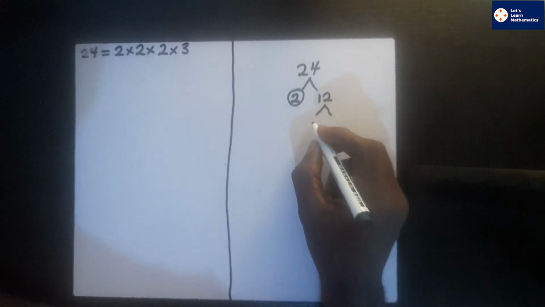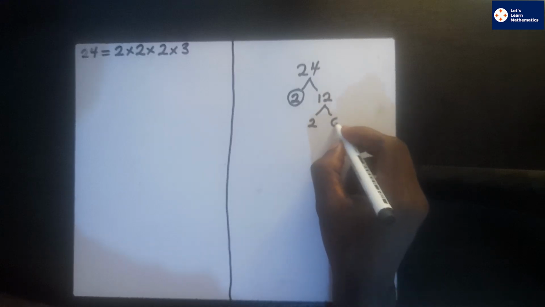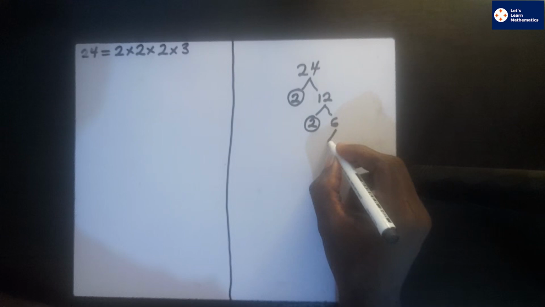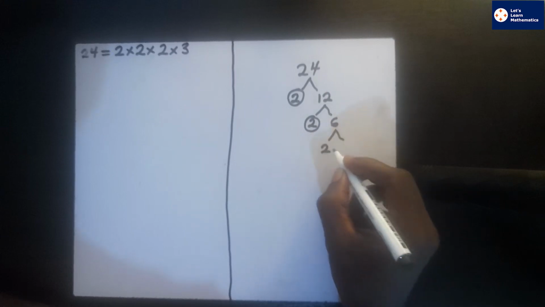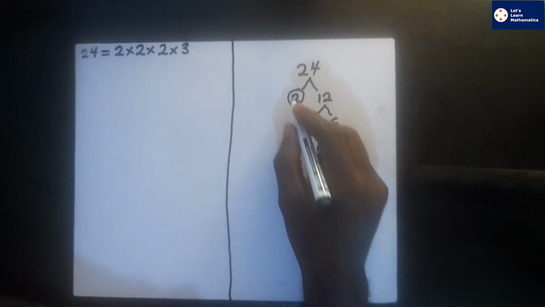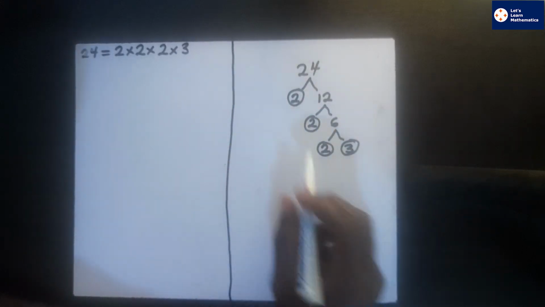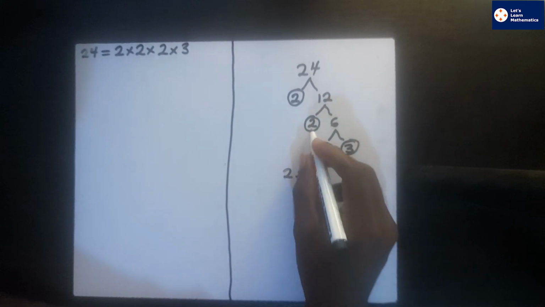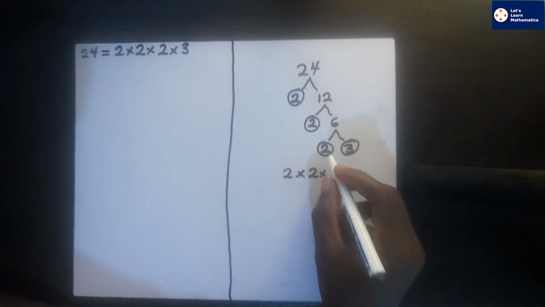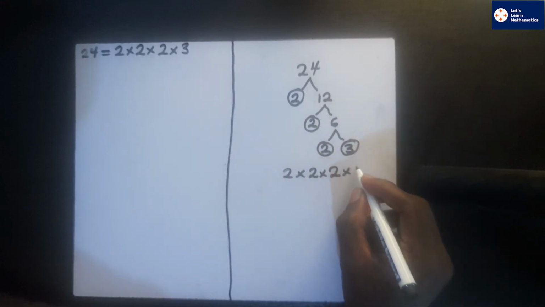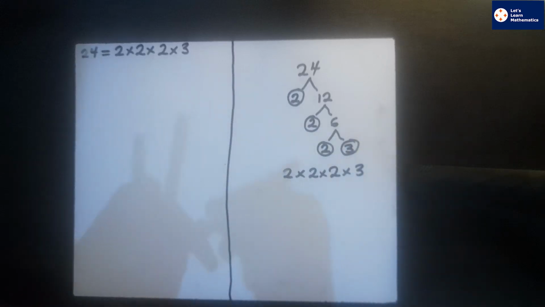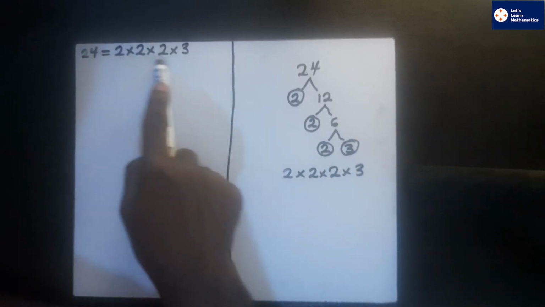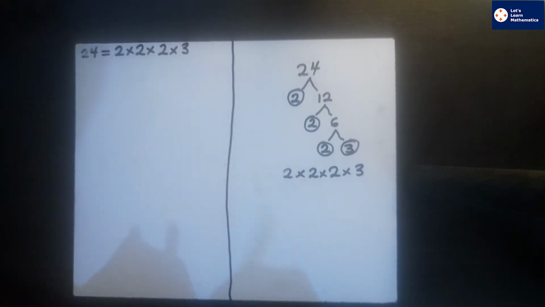Then I have 12. 12 is 2 times 6. Then I have 6. 6 is 2 times 3. So these are the prime numbers: 2 times this 2 times this 2 times this 3. So that is how we are able to get this product.